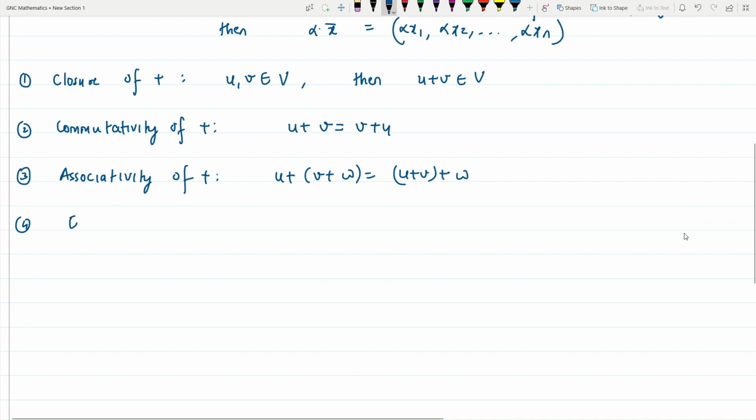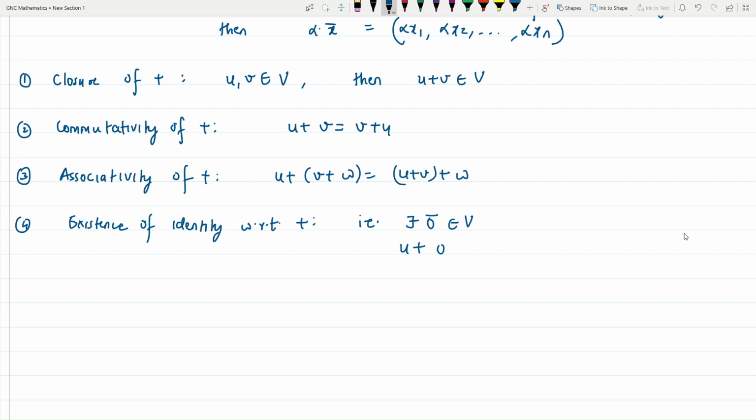Then we must have the additive identity denoted by 0 bar. The property which 0 bar must satisfy is that u plus 0 bar should always be u.